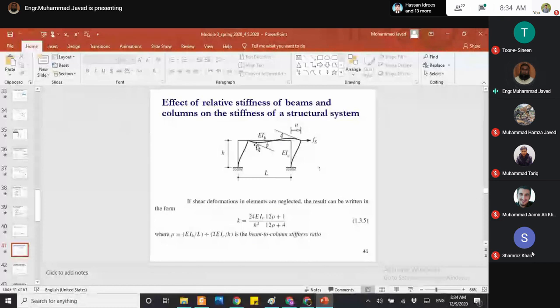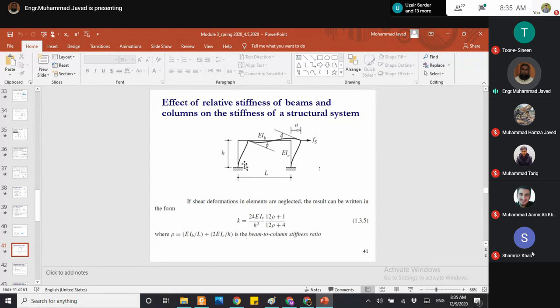If beam is infinitely stiff as compared to column, if the stiffness of beam is many times the stiffness of connected column, this beam column joint acts as a fixed support.